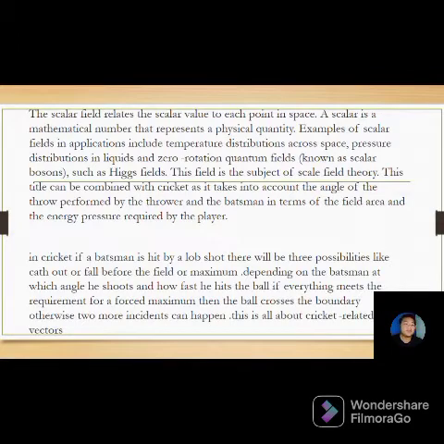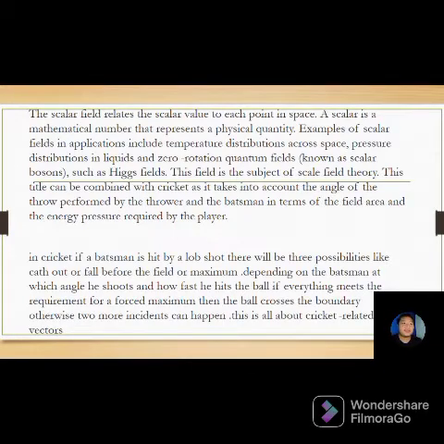This topic can be combined with cricket as it takes into account the angle of the throw performed by the thrower and the batsman in terms of the field area and the energy and pressure required by the player.